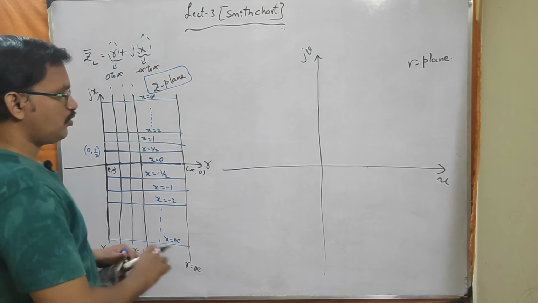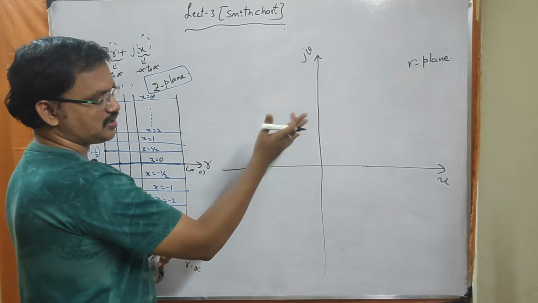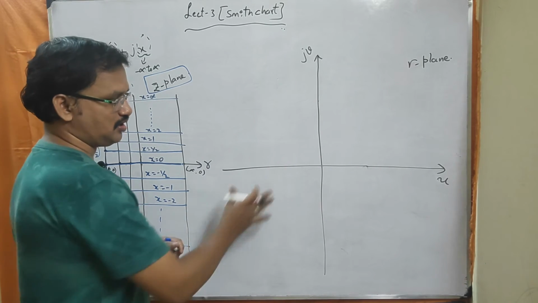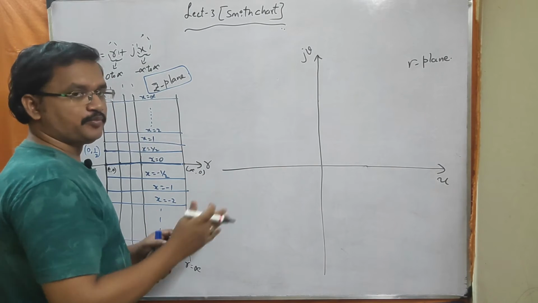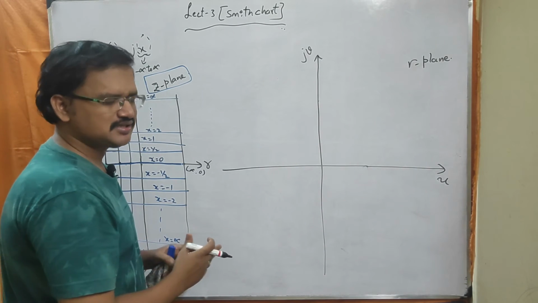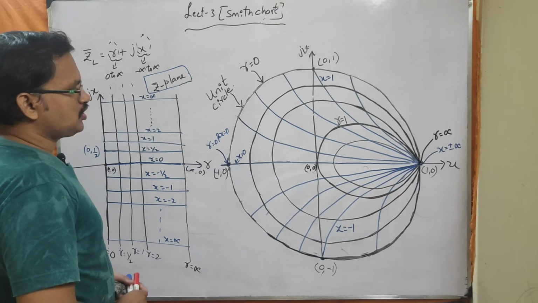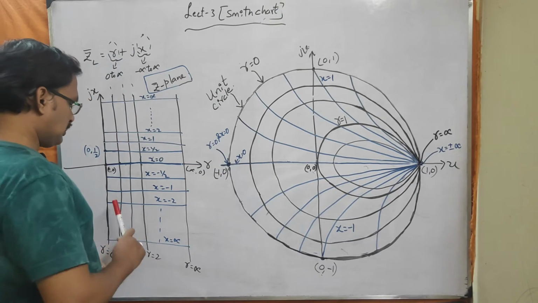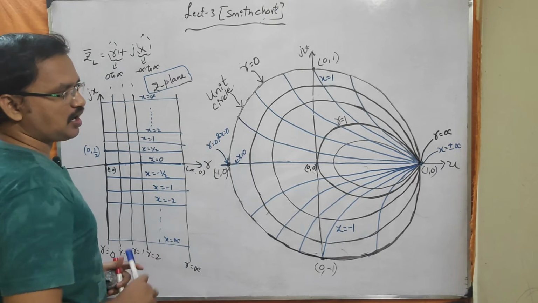Okay, so now we are going to draw all these constant resistance circles and constant reactance circles onto the gamma plane. So we have mapped all the constant resistances and constant reactances onto the gamma plane.